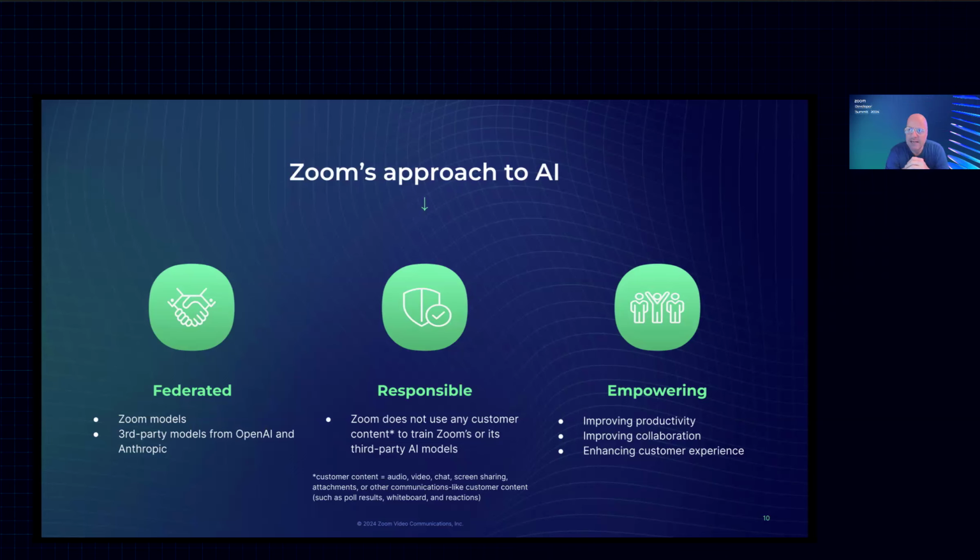And the third, last but not least, we use AI in an empowering way. So we add our AI features in places where it makes sense to do so. AI Companion is a good example of that, right? Because everybody likes meeting notes and everyone likes bulleted action lists.